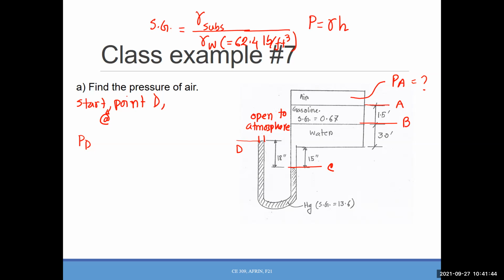So PD, gamma mercury multiplied with the depth, because P equals gamma H, even with BC or CD. And from this point, you are going in the upward direction. So that is the pressure once you are here. Right? Okay.